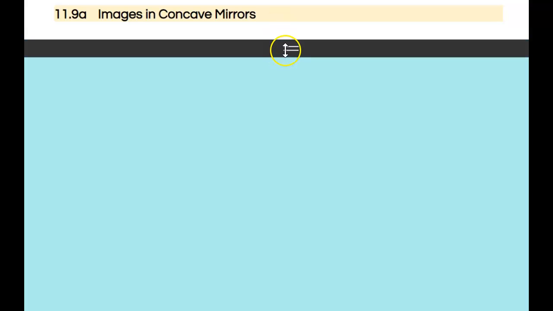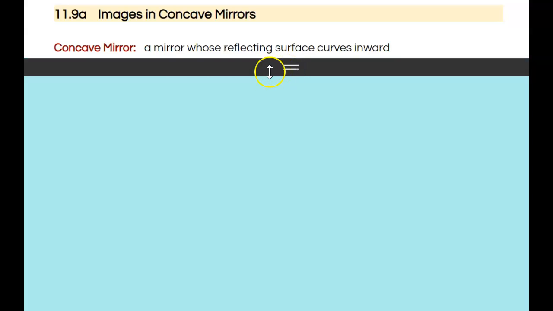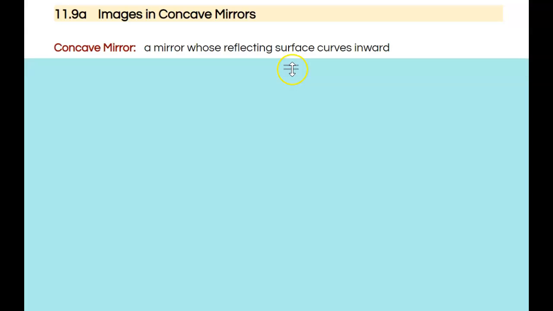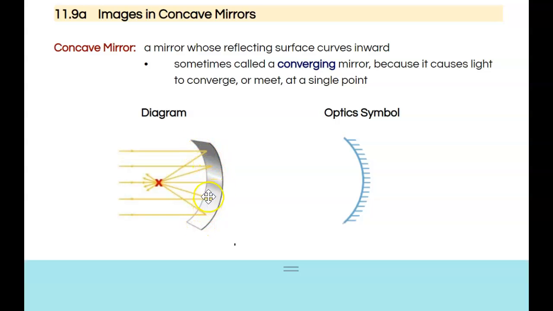So hopefully what you're thinking about is that a concave mirror is the type of mirror whose reflecting surface curves inward. Okay, so sort of like if we were to draw this, and this inside part here is the reflective surface.